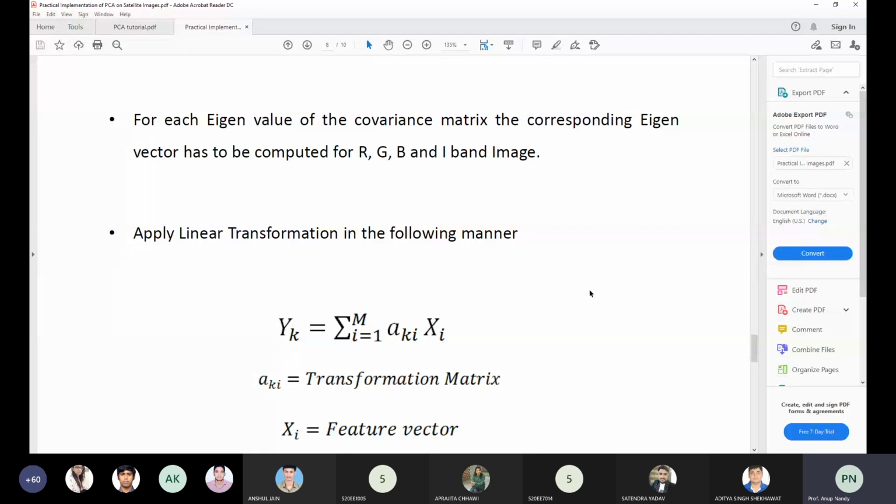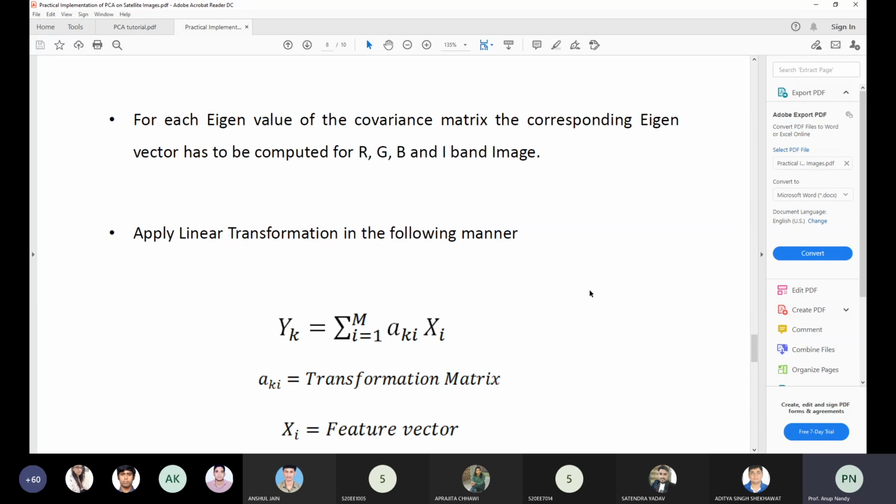Yk is equal to the sum over i equal to 1 to m of aki into xi, where xi is the feature vector. x1(i,j) is the first dimension, x2(i,j) the second dimension, meaning the second image. x1(i,j) is the gray value corresponding to the first PC, x2(i,j) the gray value corresponding to the second PC, x3(i,j) the gray value corresponding to the third PC, and x4 the fourth.